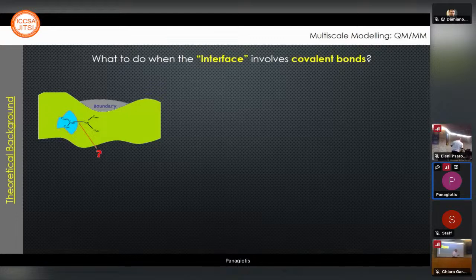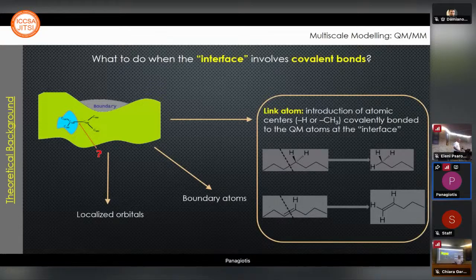In this case, I have three options, three approaches. One of them is more used than the others because of its simplicity. It's the linked atom approach, where the atoms in the QM region are saturated by a hydrogen atom or a methyl group to keep, as much as possible, the nature of the atom.